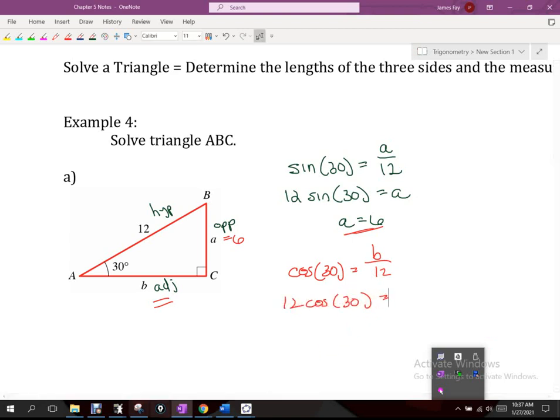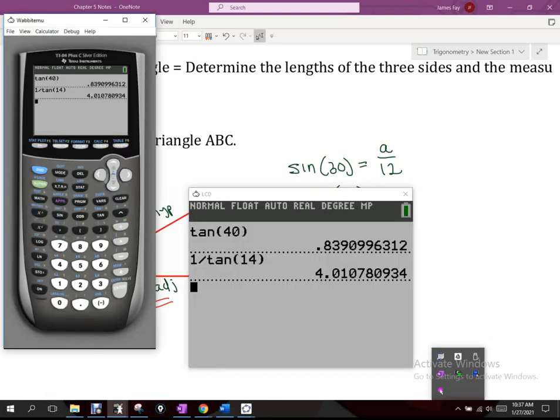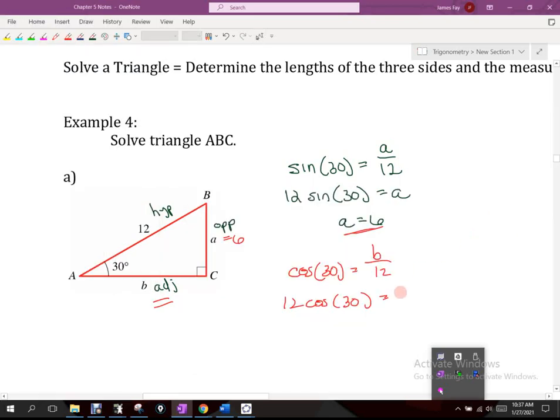Now I type in 12 cosine of 30, and I get 10.39. That's my length for B, and that's perfectly fine right now, because I didn't set out any instructions on how I wanted your answers to be provided.